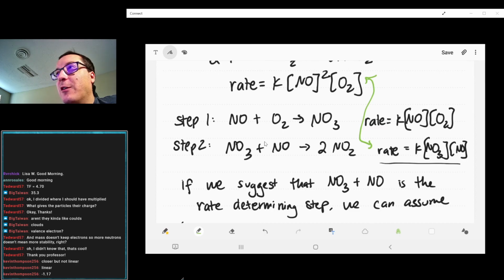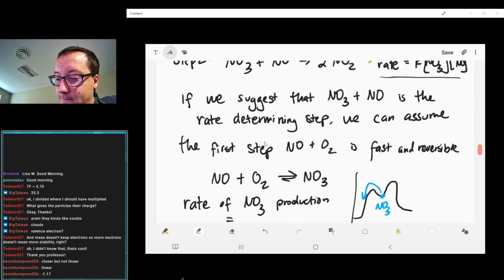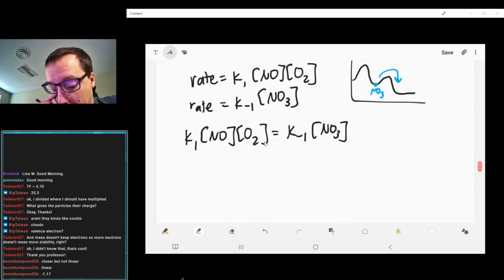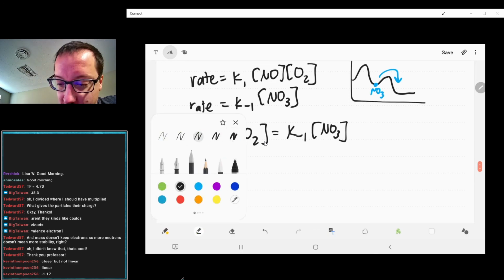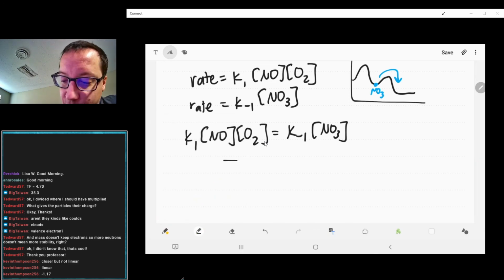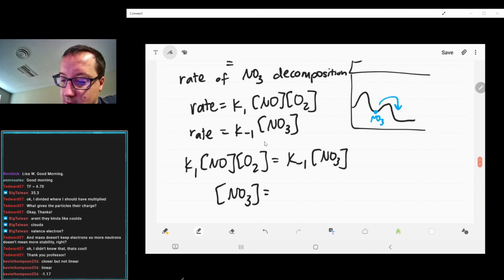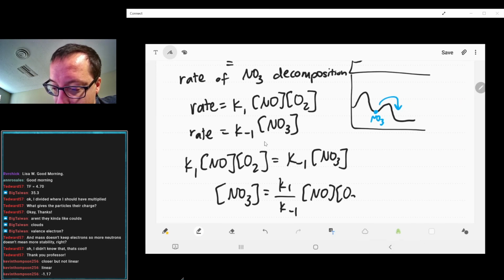We can't really have NO3 as part of our rate law because it's an intermediate, right? I'm just going to copy those rate laws. If we solve for NO3, our intermediate concentration, not K2, I'm sorry, the reverse rate constant, we can do that just mathematically, right?